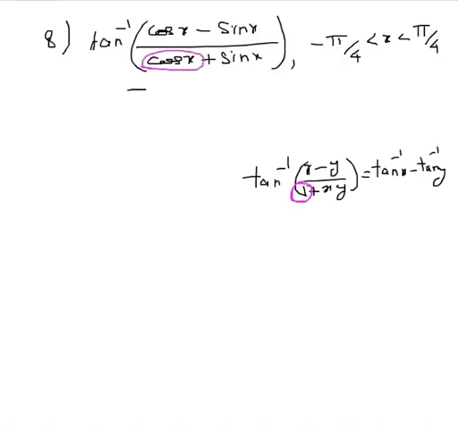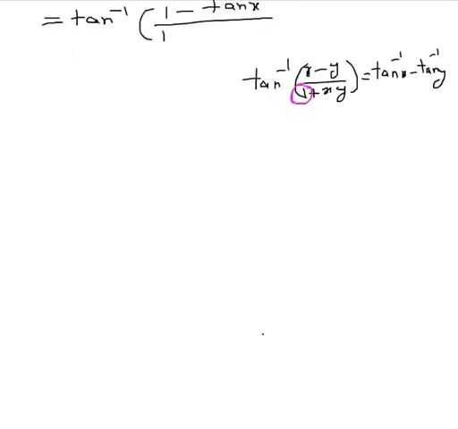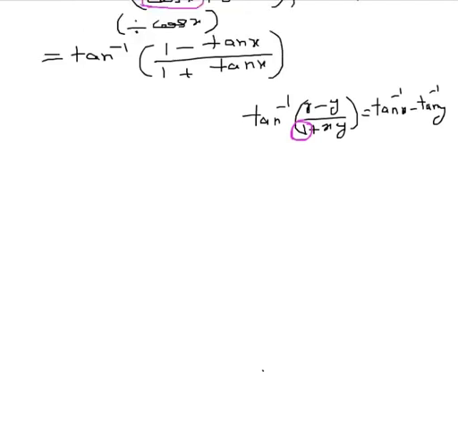To get 1 there, I have to divide by cos x. Therefore, the function becomes tan inverse of cos by cos is 1, sin x by cos x becomes tan x, 1 plus tan x. And in the denominator, very well I can write it as 1 into tan x.